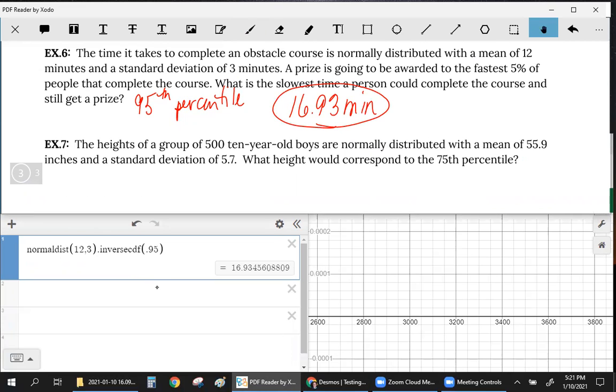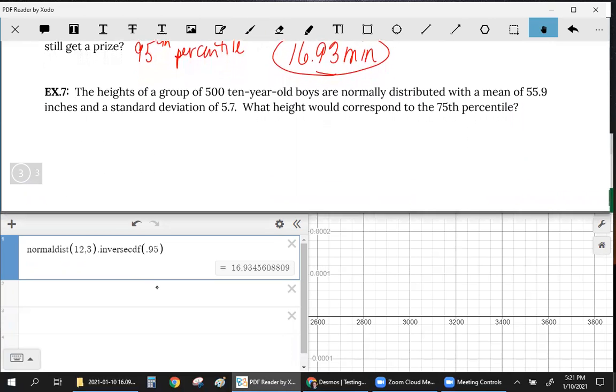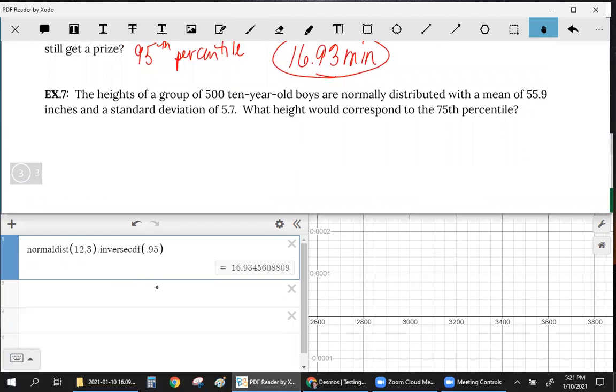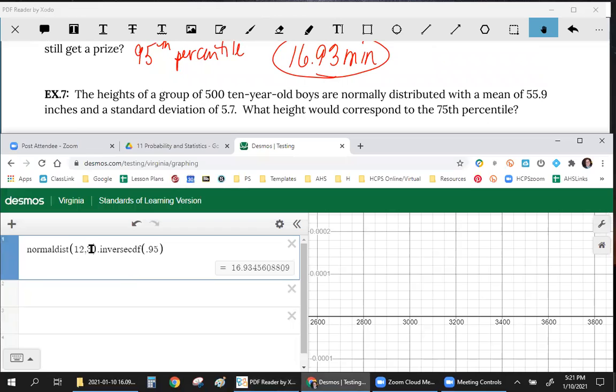Alrighty, example 7. The heights of a group of 500 10-year-old boys are normally distributed with a mean of 55.9 inches and a standard deviation of 5.7. What height would correspond to the 75th percentile? Again, we need to use inverse CDF, but we need to change our info about the distribution.